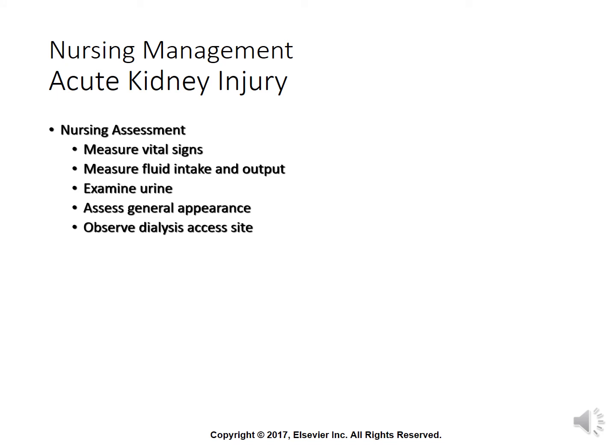So for your nursing assessment, definitely vital signs, I&O. You're really going to want to be looking at urine, overall general appearance, evidence of fluid volume overload. If they do have a dialysis access, you're going to really want to be assessing that, looking for any signs of infection.